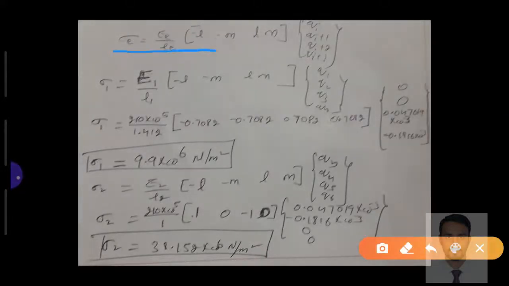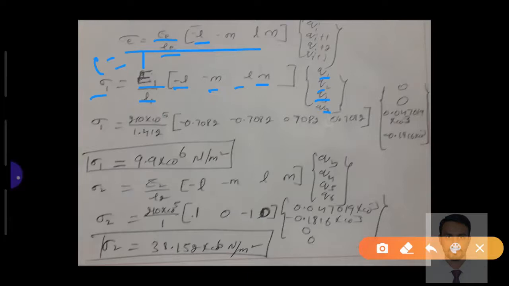For the stress equation, I have explained clearly in the steps involved in a truss problem and the procedure completely. I have explained which type of problem this equation satisfies and how to remember it easily. So I have used this equation. For element number 1, taking E = 1, sigma 1 = E1 over L1 times minus L, minus M, L, M, multiplied by Q1, Q2, Q3 and Q4.